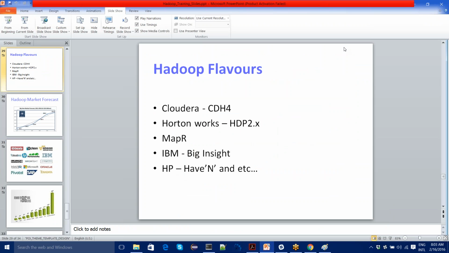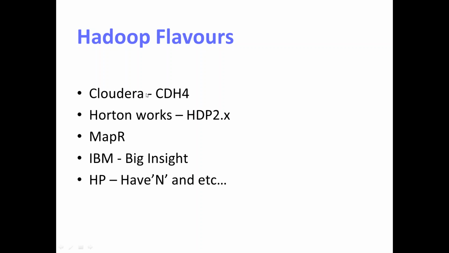So there are different kinds of Hadoop flavors available on the market right now. Flavors in the sense, distributions. You have seen that on the Apache side we have source and distribution files, right? So Cloudera, Hortonworks, MapR, IBM, or HP, these are all flavors of Hadoop which bundle the Apache distribution, but on top of it give some additional tools of their own.